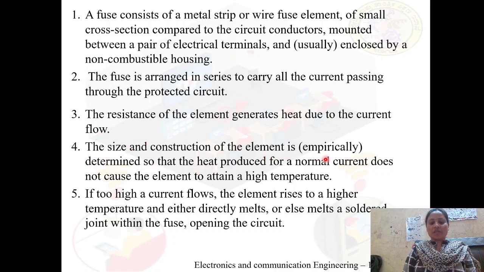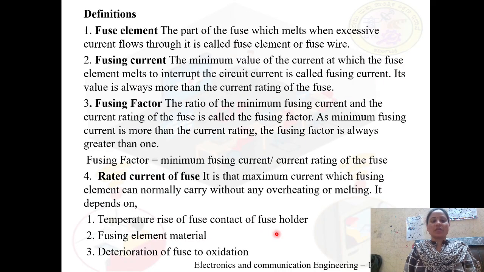The size and construction of the element is determined so that the heat produced for the normal current doesn't cause the element to attain a high temperature. If the current is too high, then the element rises to a higher temperature and either directly melts or melts a soldered joint within the fuse, and it opens the circuit.